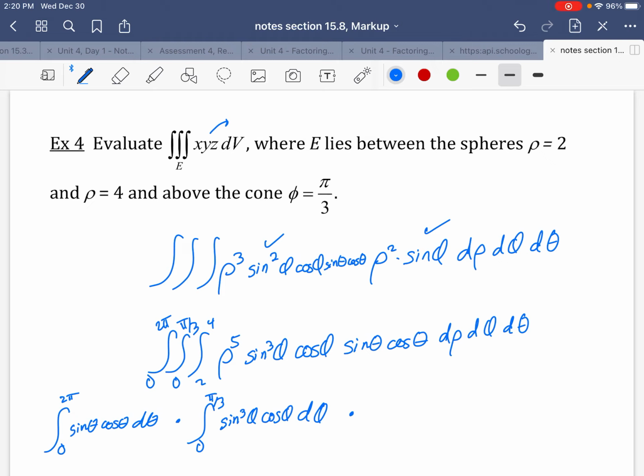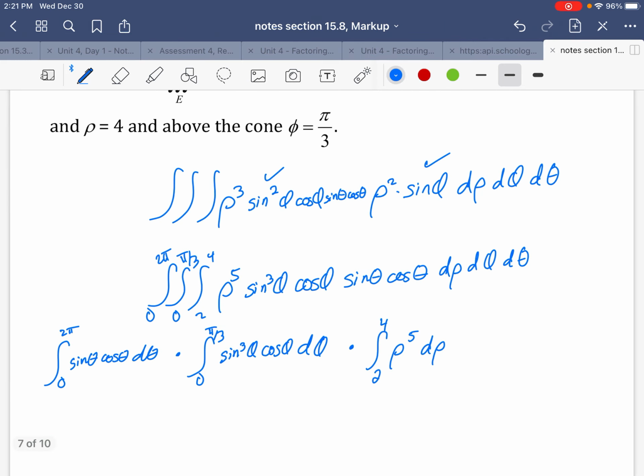And then for the last part right here, I have rho, so 2 to 4. I have rho to the fifth, and then d rho. All these new variables, hard to remember.